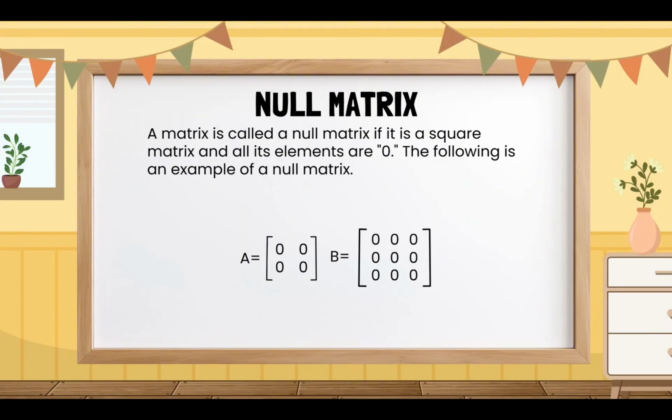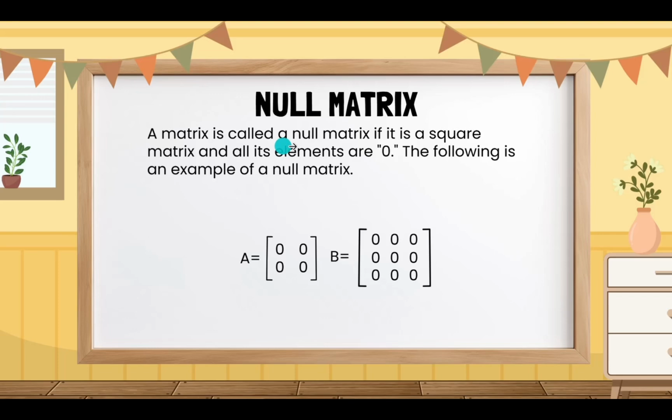Next, we have a null matrix. A null matrix, like the name, null, is a square matrix where all its elements are equal to 0. Usually the null matrix is used to represent the concept of 0 in matrix operations.